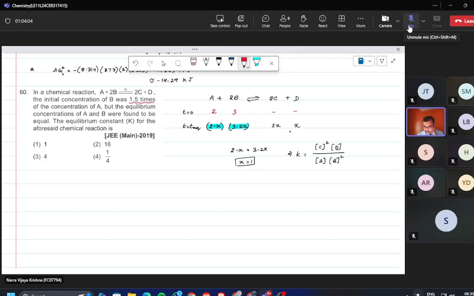Now tell me, x value is 1 means this value is 1. Then what is this value? 2. Then what is this value? 1. This value also 1. Substitute. Over. Correct? Next.